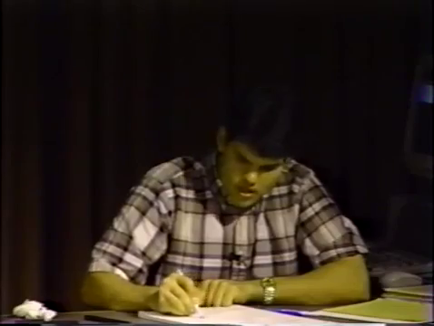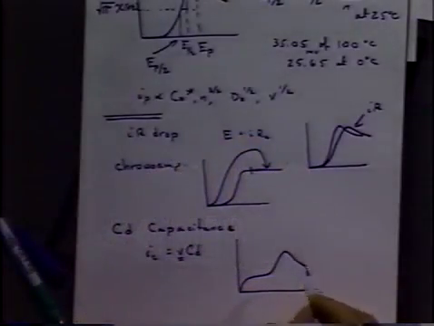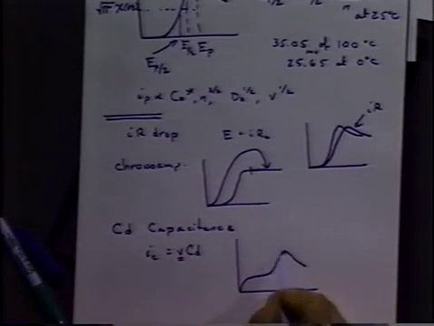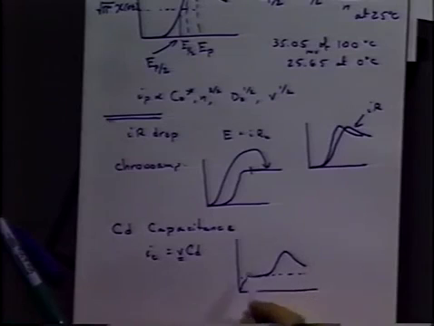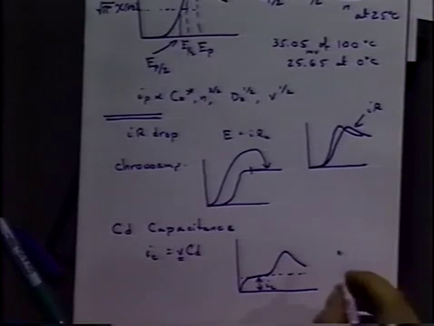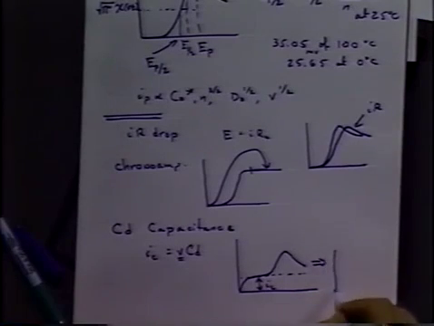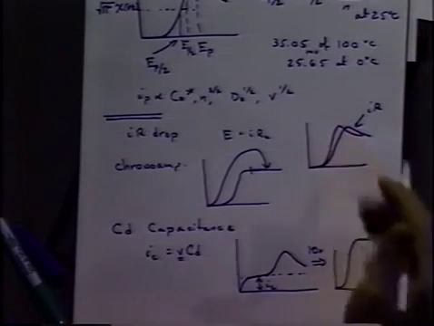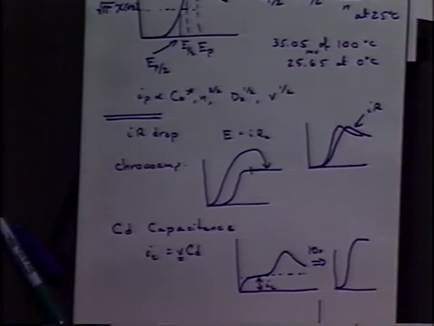So when we see charging current, we might see a curve like this, where here's the normal wave, and underneath that wave we have the charging current. If we sweep faster, the charging current is 10 times more.